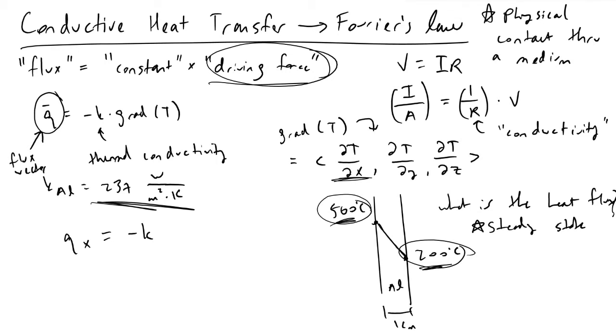We're going to have minus k and then dT/dx, and dT/dx is describing the slope of this line through your media in the x dimension. We can model that pretty simply because we already know these values.